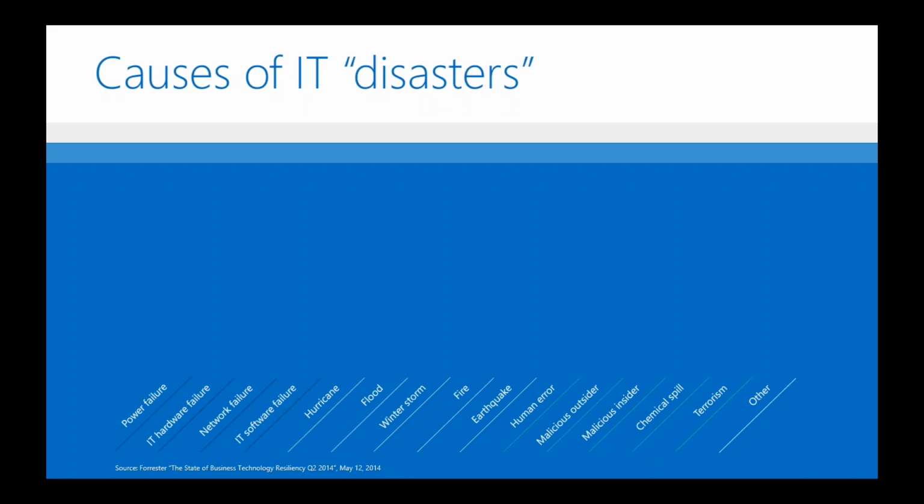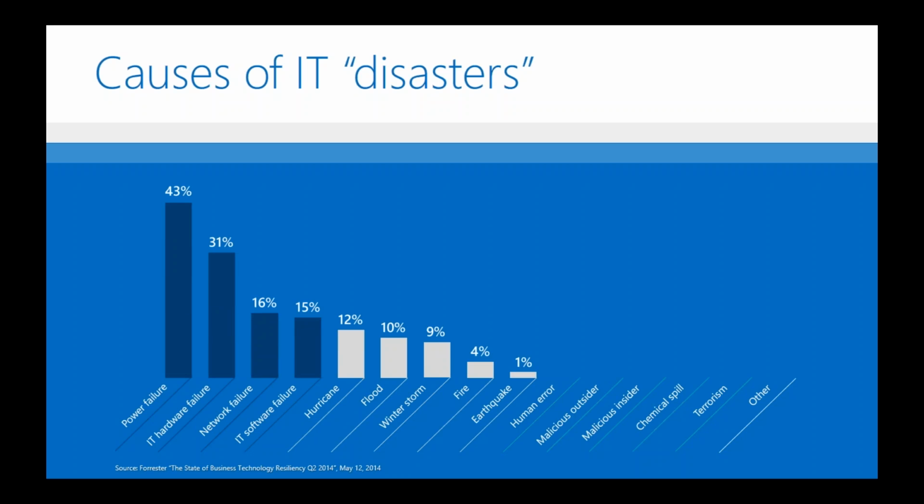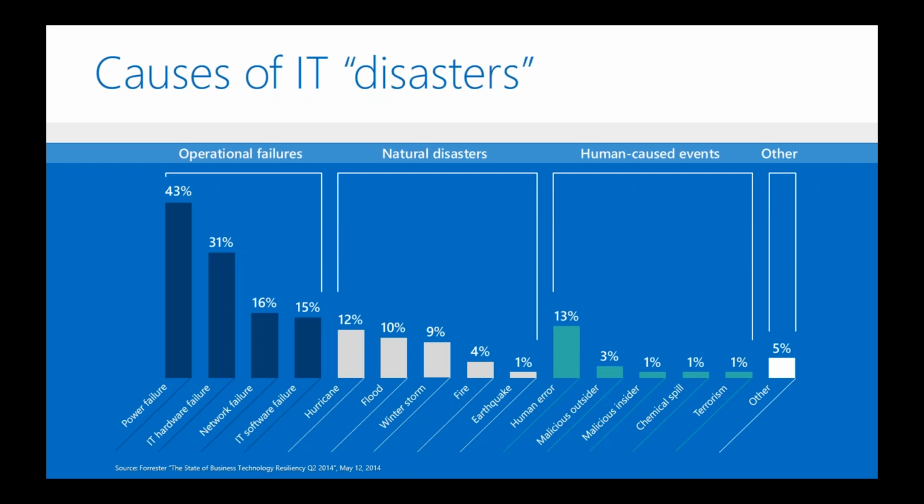But the thing is, in reality, most causes of downtime are really due to operational failures, power failures, IT hardware failures, network failures, and software failures. It's not even close to as much as it is for those natural disasters to occur. And then on the other side, very interesting, you have human-caused events.